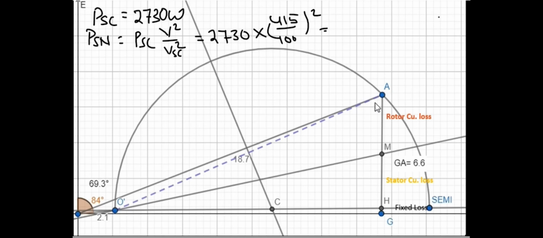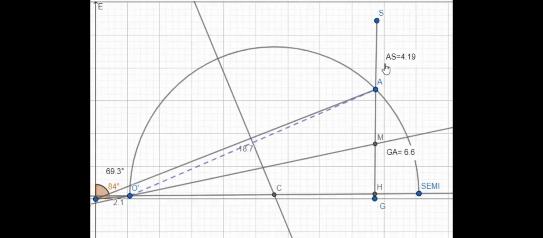That comes out to be 47,000 watt. Already here GA, that is the power line, is now extended to 4.19 centimeter in the power scale.